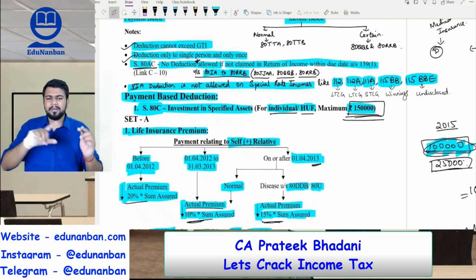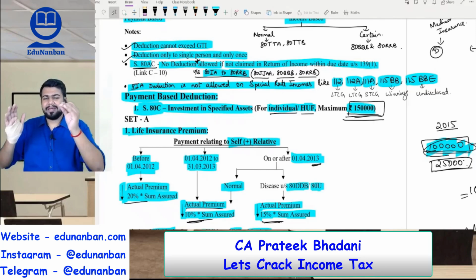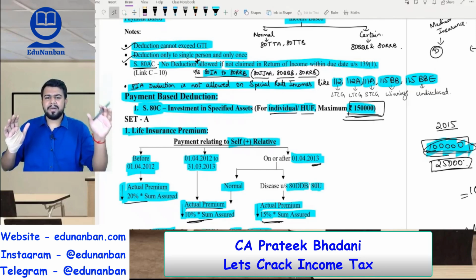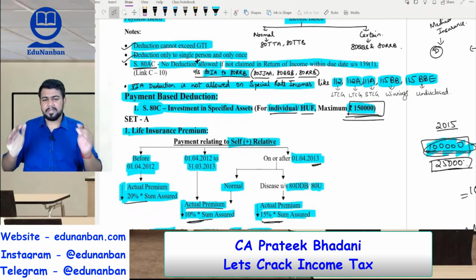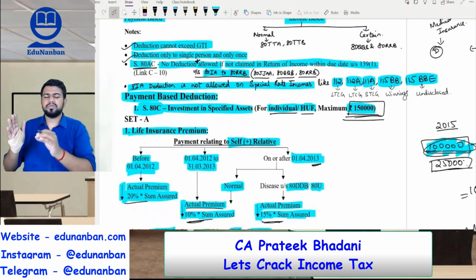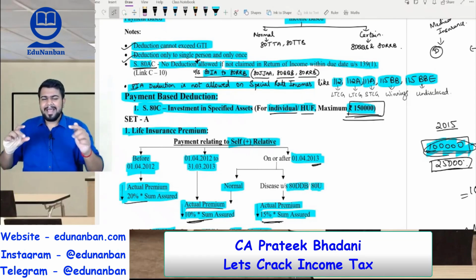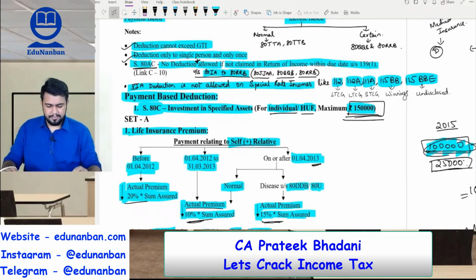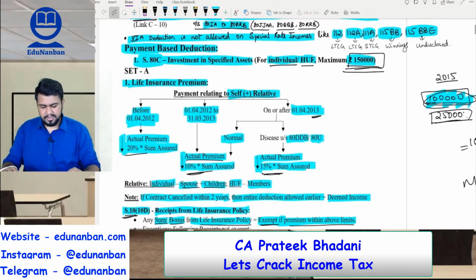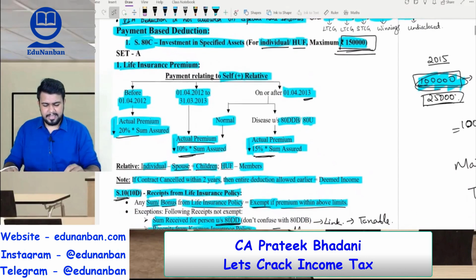So the total income you have to divide into two parts: the part on which you can claim the deduction, and the part on which you cannot. Reduce the deductions only against the income on which you can claim deduction, and then add back the income on which you cannot claim the deduction. I hope you are clear with the concept. I explained this to you in class in detail.